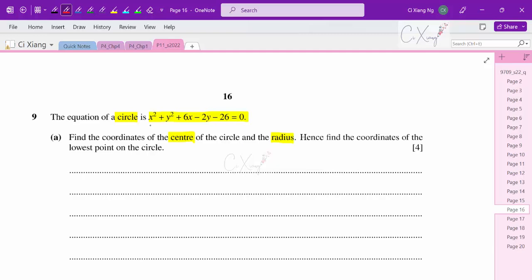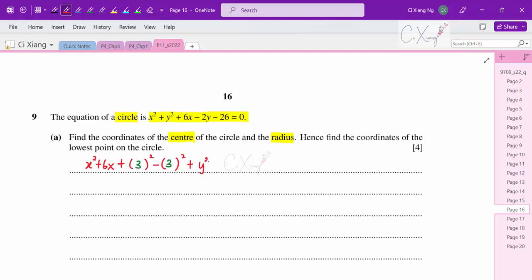All right, so when I have this equation, I will group all the x terms together first. To complete the square for x, you have to add something squared and subtract something squared. To get the something, I take the 6, the coefficient of x, divided by 2. So 6 divided by 2, I have 3. So plus 3 squared minus 3 squared. Next, I group all the y terms together.